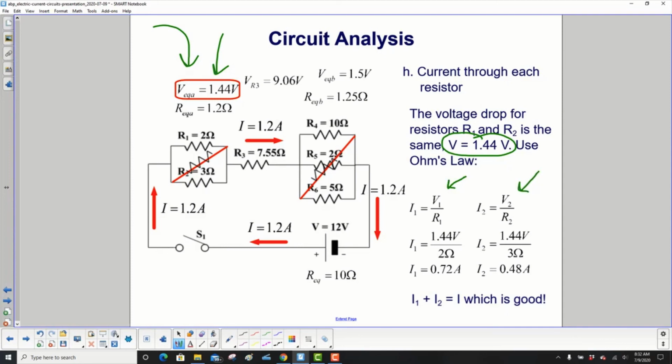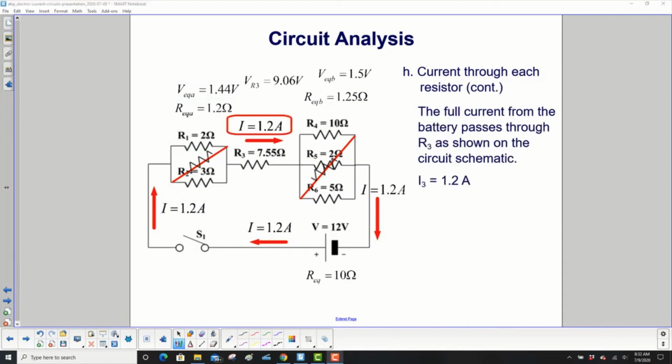We put in the numbers, calculate it. We find I1 is 0.72 and I2 is 0.48. You add them together and you get 1.2 amps, which is I. So that checks out. And notice that the larger current, I1, goes through the smaller resistance, which also makes sense.